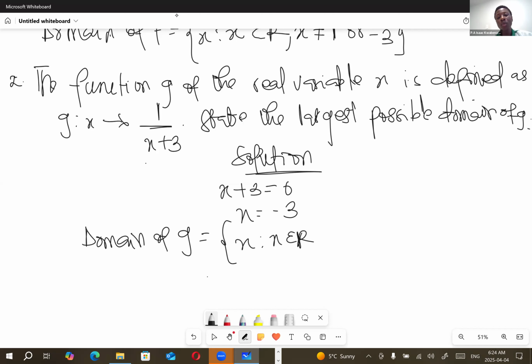When it's slotted there, wherever you see x, it will be -3. So it will be -3 plus 3, which is 0, right?